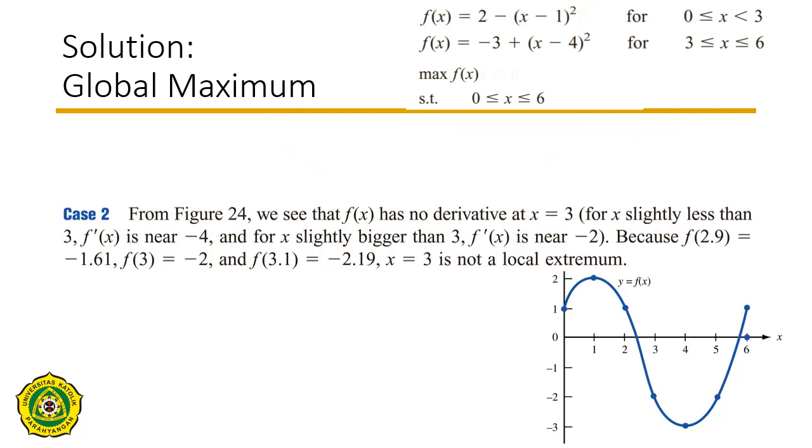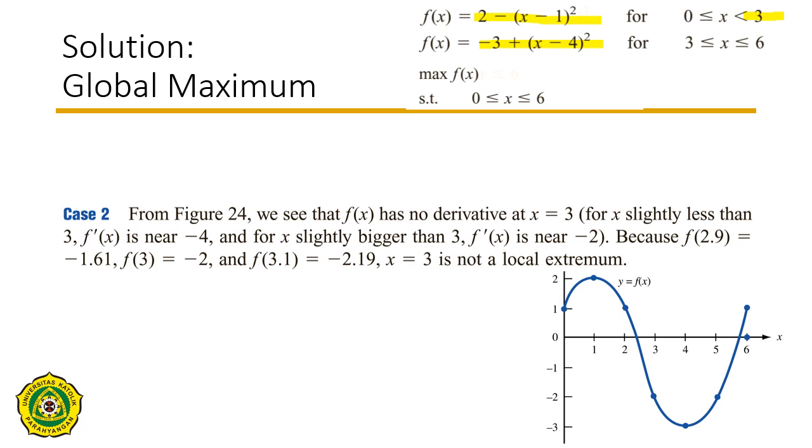And then for case 2, we check where the function is discontinuous. We can see that this function is discontinuous at x equals 3, because right before 3 we have this function, and then after 3 we have the second function.